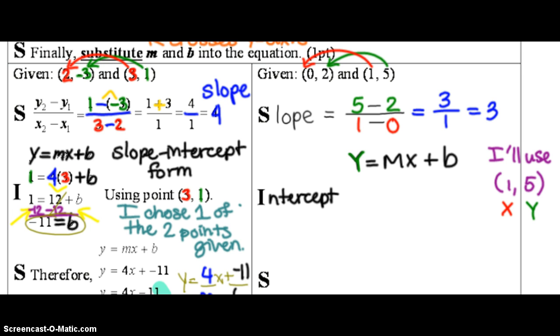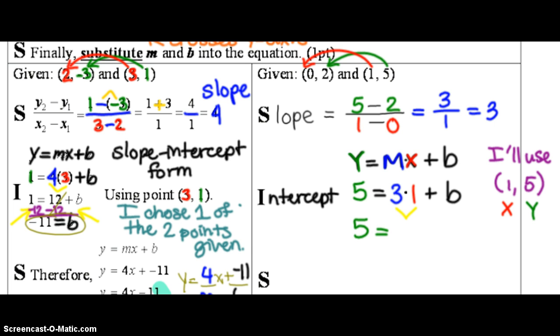Just remember, coordinates are written as an ordered pair, x before y, just like in the alphabet. You've got to kind of know your ABCs. Notice I put in 5 for y and 1 in place of x. But I also have a slope from my first step of 3. Remember what I said about m and x together? That means multiplication.